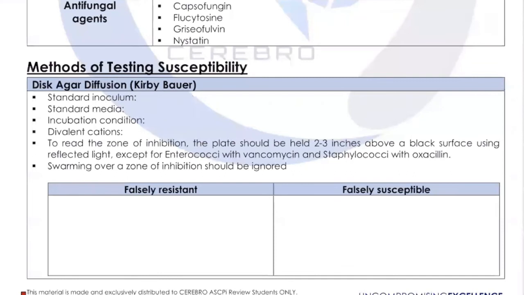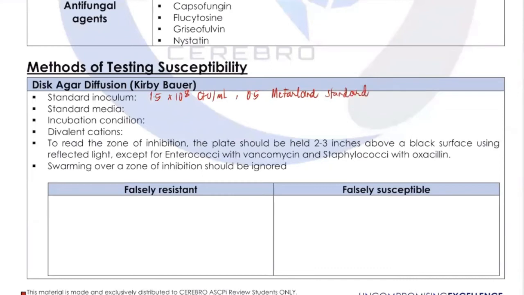So the standard inoculum concentration should be 1.5 times 10 to the 8 colony forming units per ml. And for us to be able to achieve this, kino-compare natin siya with our standard for the inoculum, which is our 0.5 McFarland standard.